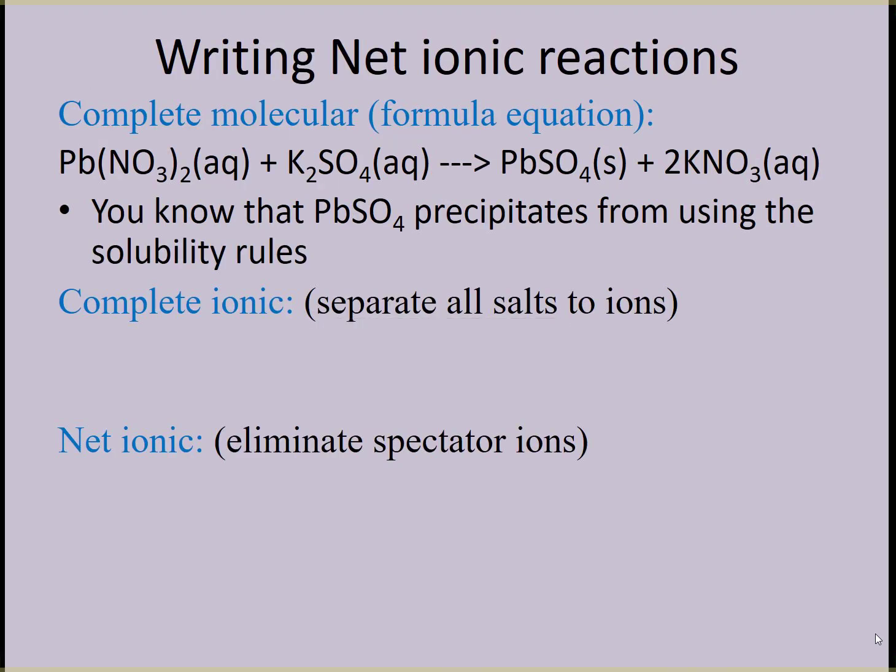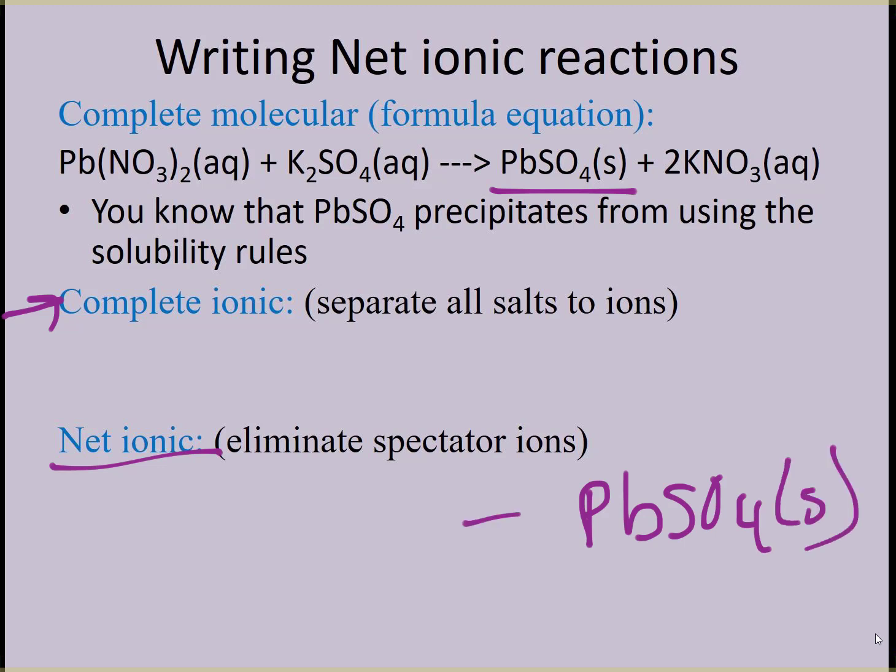So this is that last problem with the lead 2 sulfate. And I'm just going to teach you how to write just the net ionic equation, and then I'll do the complete ionic, kind of working backwards. So on this problem, to write the net ionic, I'm going to find the solid, liquid, or gas. In this case, it's the solid. And then I'm going to figure out, well, what went into that solid?